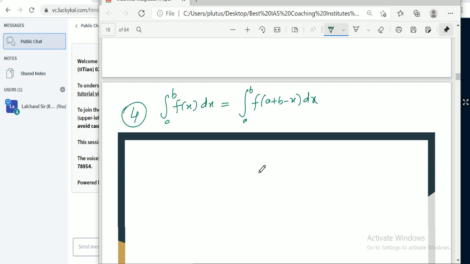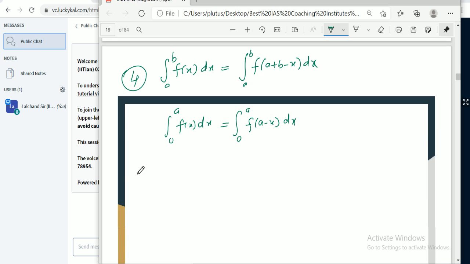Sometimes this property is also written as the integral from 0 to a of f(x) dx equal to the integral from 0 to a of f(a minus x) dx. This is another version of this property. This property is quite useful and we use it lots of times. So let us try to solve a few questions based on this property.